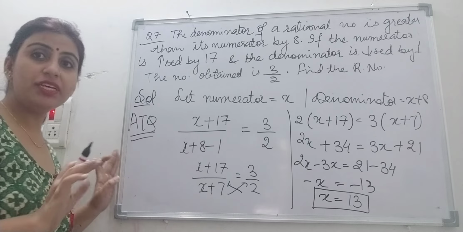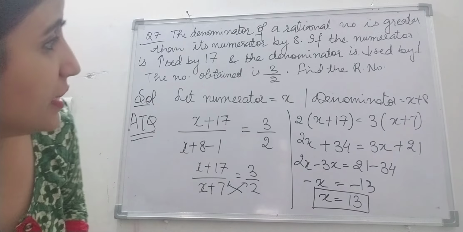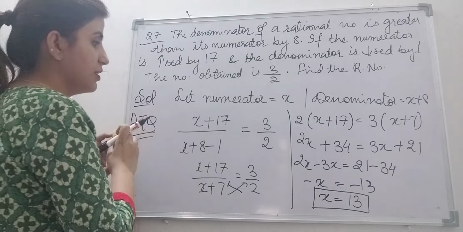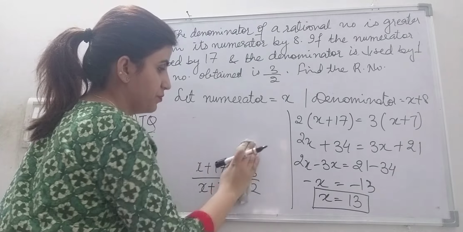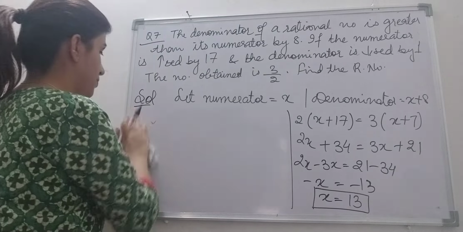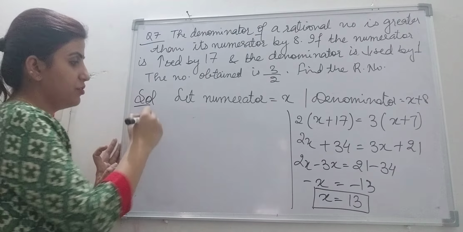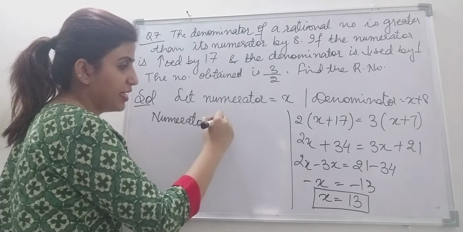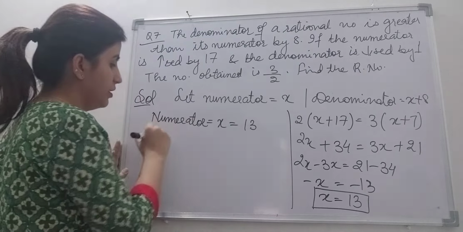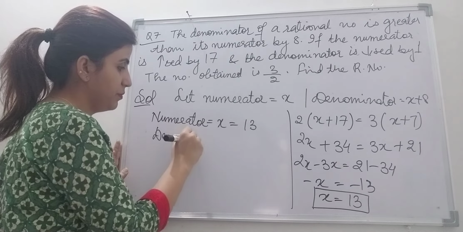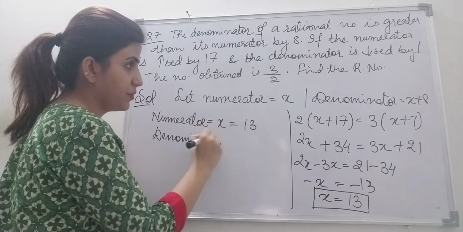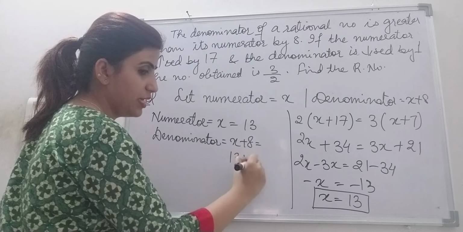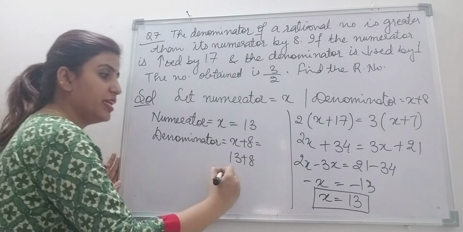Now you have got the value of x as 13. That means you have not got the rational number, you have got only the numerator. What was your numerator? x. So x you have got is 13. So the numerator was x, that equals 13. The denominator was x plus 8, that equals 13 plus 8, which is 21.